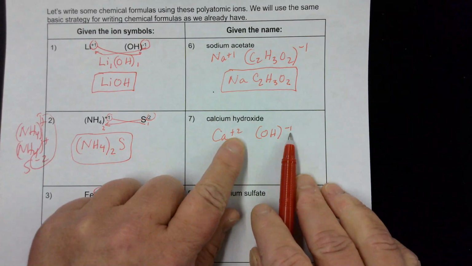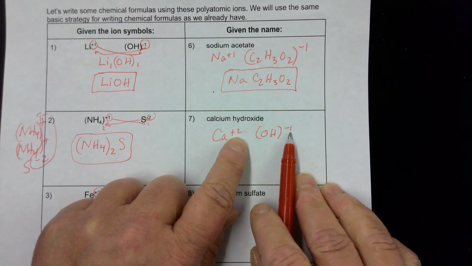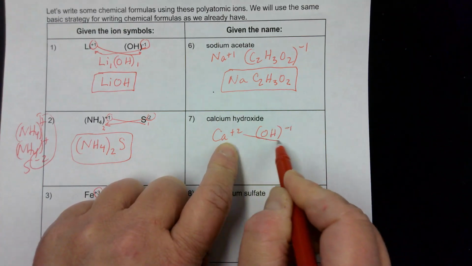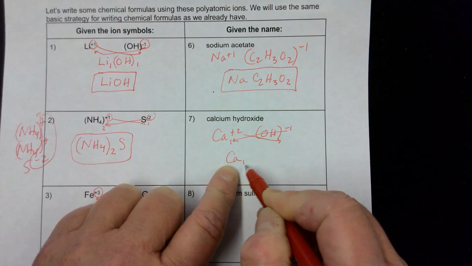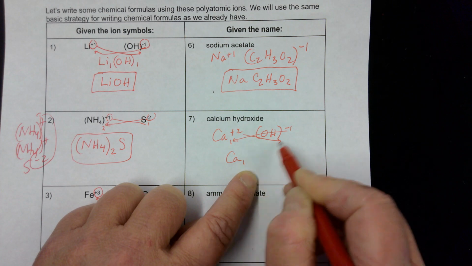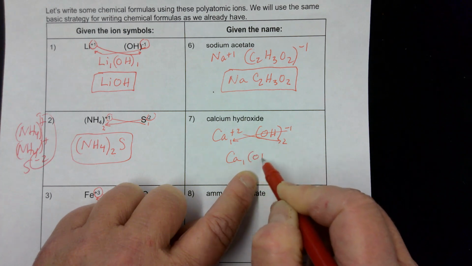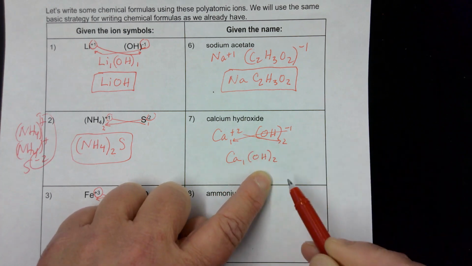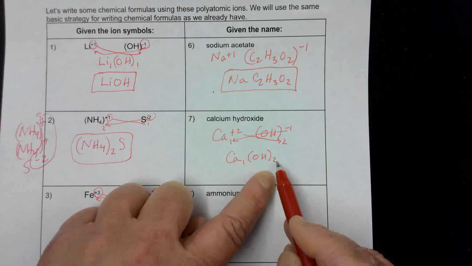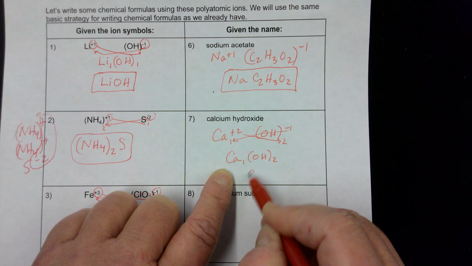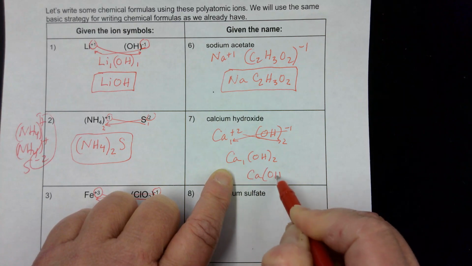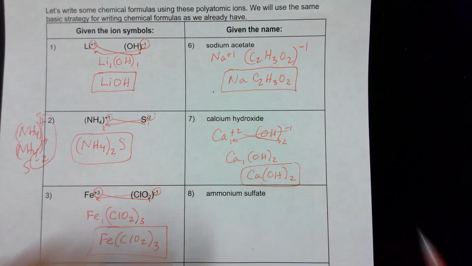Okay, because these charges don't balance each other right away, I do need to do the crisscross, the drop and swap. And I would get Ca with a subscript of 1, and I would get OH with a subscript of 2, keeping the parentheses because I need 2 of them. The only other thing I would change is we don't need this 1, so this just becomes CaOH in parentheses 2.